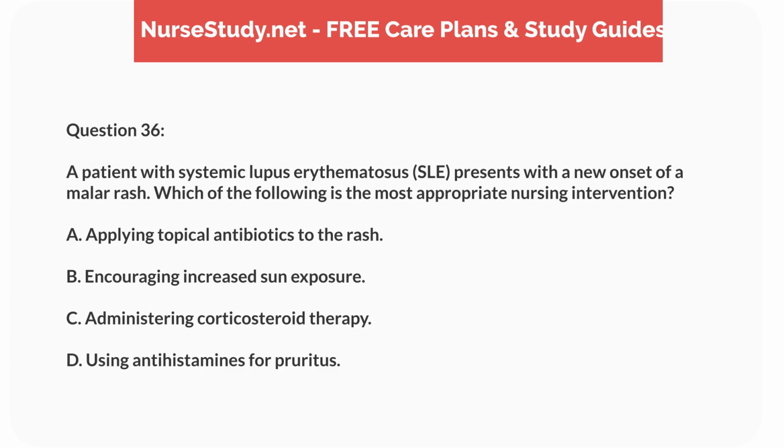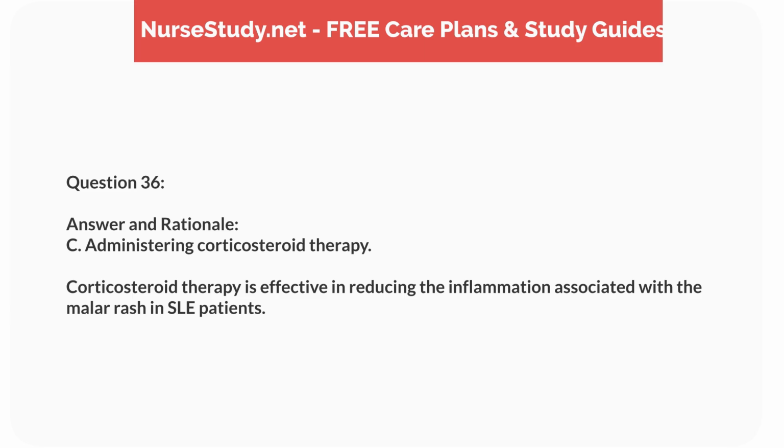C. Administering corticosteroid therapy. D. Using antihistamines for pruritus. Answer and rationale. C. Administering corticosteroid therapy. Corticosteroid therapy is effective in reducing the inflammation associated with the malar rash in SLE patients.